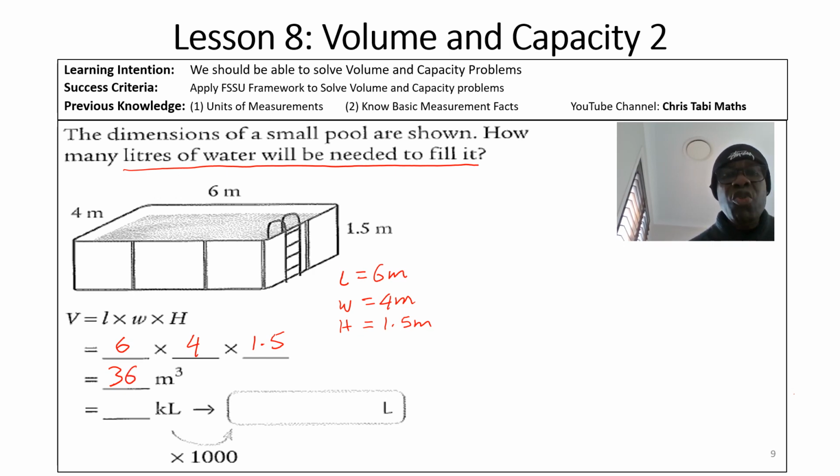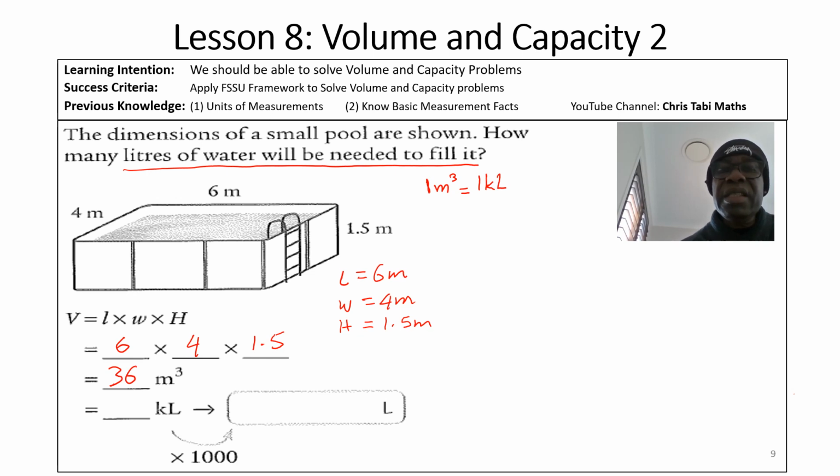So 36 cubic meters, because they are all in meters. And what do we know? We know that 1 cubic meter is equal to 1 kiloliter.